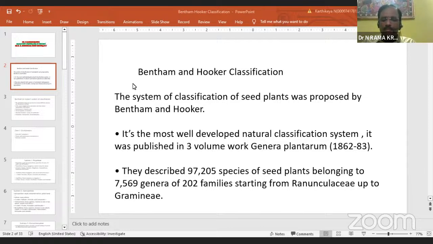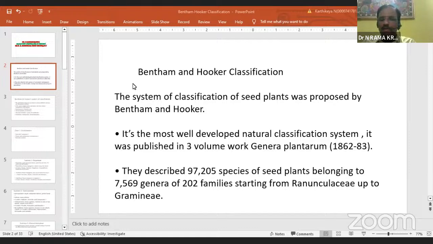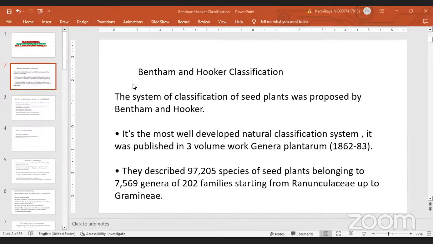Classification of how many types? Jayalakshmi, you told. Padma, how many types of classifications? 3 types of classifications are there.